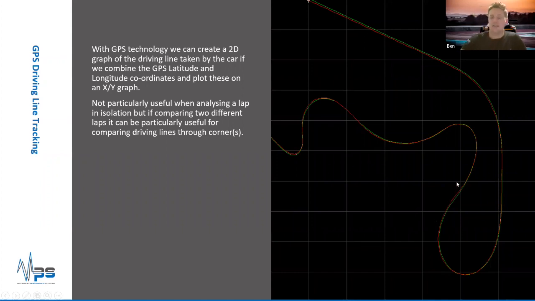So this is another way of quickly representing your driver line, particularly useful if you haven't got an onboard camera. But this isn't the only use of XY graphs. I'll show you later on. It's good for visualizing grip, or making a pseudo grip circle. So it's got a number of good uses, but this is one of them, especially if you've got GPS latitude and GPS longitude data.